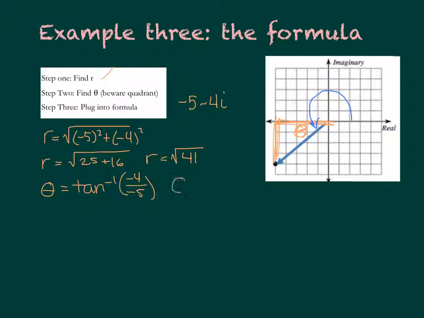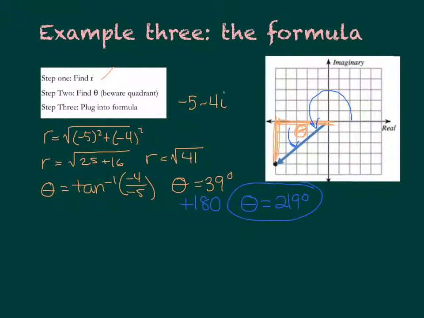So I get that theta equals 39 degrees, but that's 39 degrees below this x-axis. So I really need to add 180 to get my real angle. So my real theta that I'm going to end up using is 219 degrees.